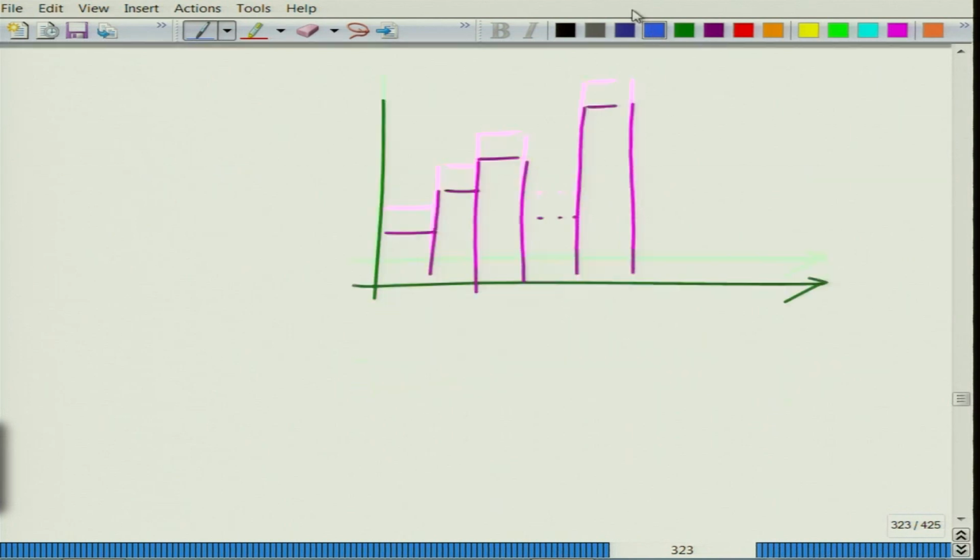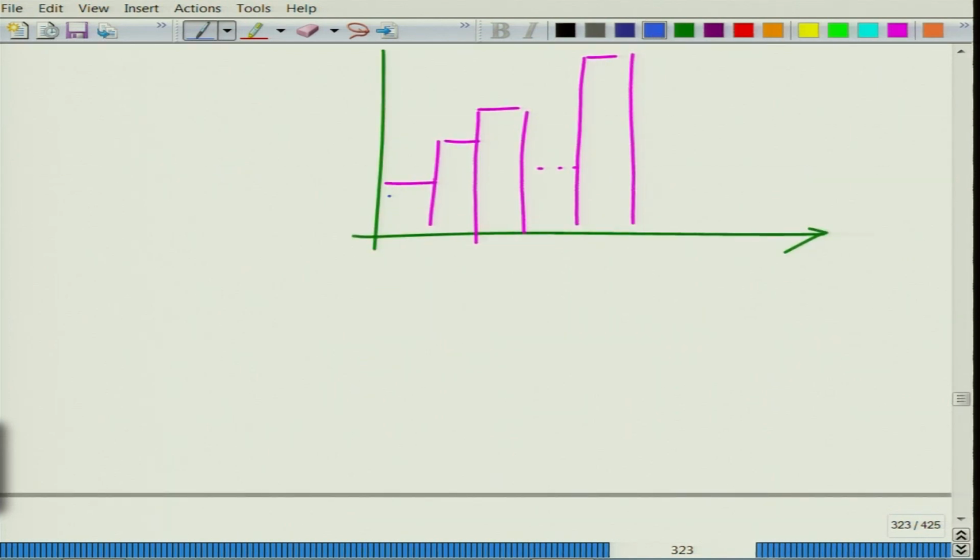This is of height sigma square by sigma 1 square, this is of height sigma square by sigma 2 square, sigma square by sigma 3 square, and so on, up to sigma square by sigma t square. This is the last bar.